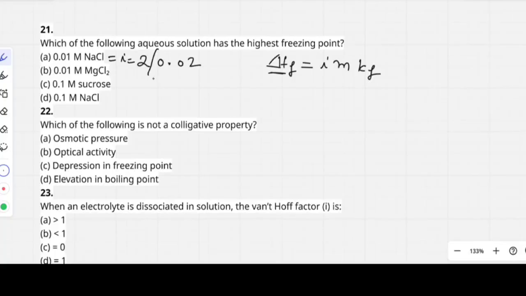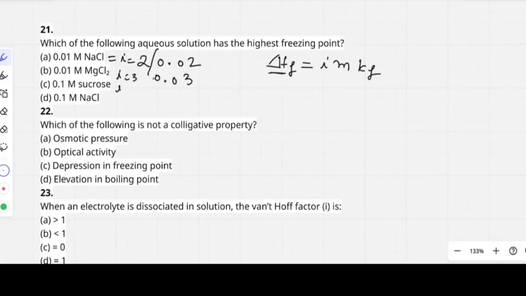So delta Tf is equal to 2 into 0.01, that is 0.02. Similarly, for magnesium chloride, i is equal to 3, from Mg2+ and 2 Cl minus. So delta Tf here is 0.01 multiplied by 3, which is 0.03.